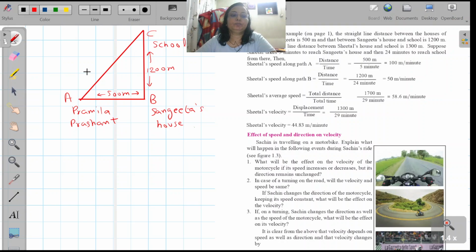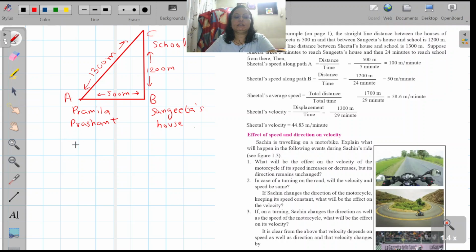What is AC? If we recollect, we have studied in Pythagoras theorem that for a right angle triangle, the length of the hypotenuse is the square root of 500 square plus 1200 square. So this is 1300 meter. So Pramila travelled a distance of 500 meter and then 1200 meter to reach school, whereas Prashant reached to point C, that is school, by covering a distance of 1300 meter.